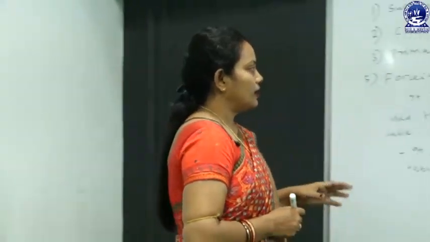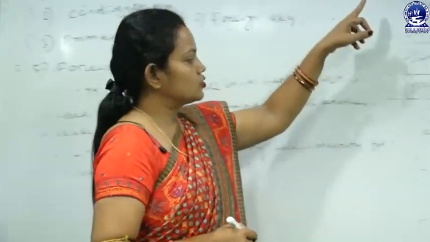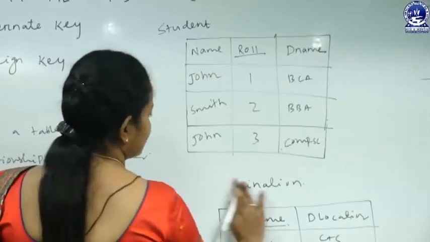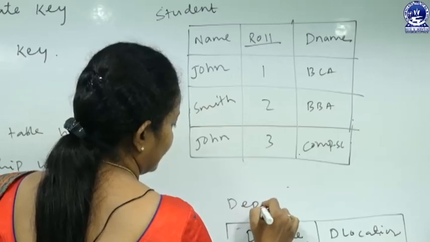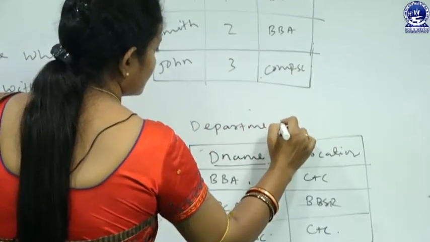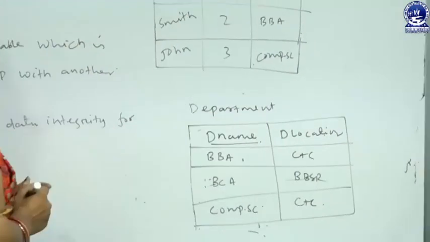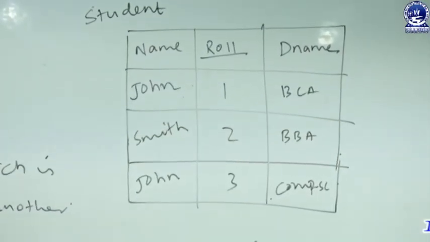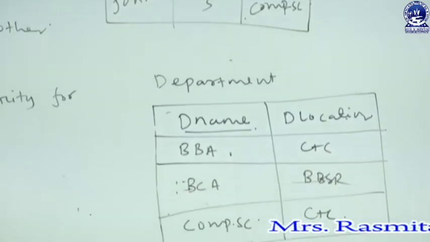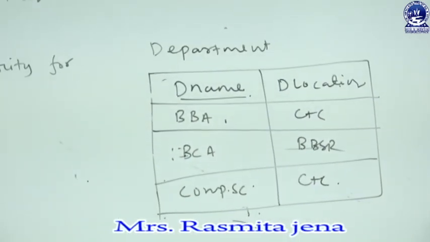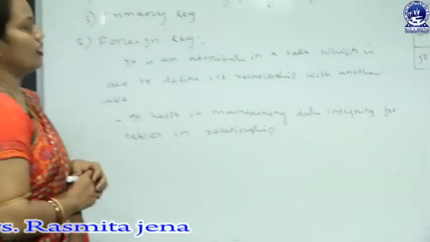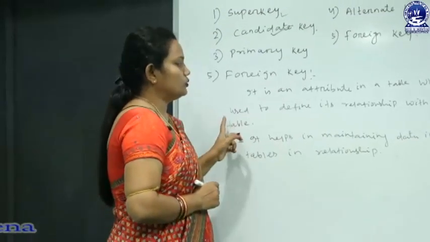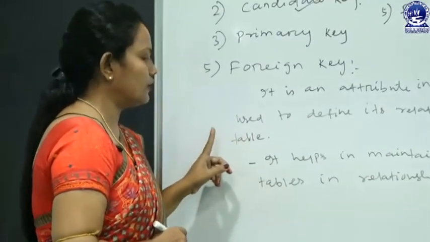Okay. Let us see what is a foreign key. We have two tables, that is the student table and next is the department table, right. The student table contains attributes name, roll, department name, that is D name, and the department table contains attributes D name and D location. Foreign key means what? It is an attribute in a table which is used to define its relationship with another table.